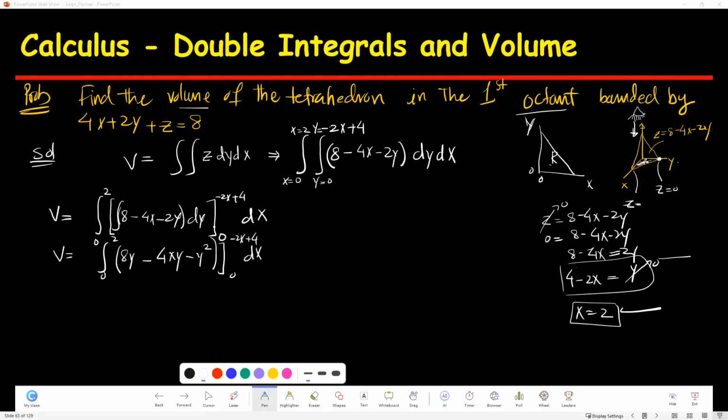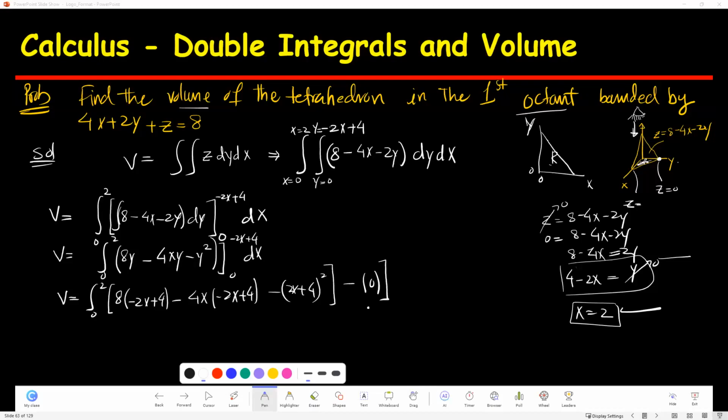Okay, now I'm going to substitute the limit, the values into this. So volume equals to 8 times minus 2x plus 4, minus 4x times minus 2x plus 4, minus minus 2x plus 4 to the power square, and close this, then minus 0, then close this parenthesis.